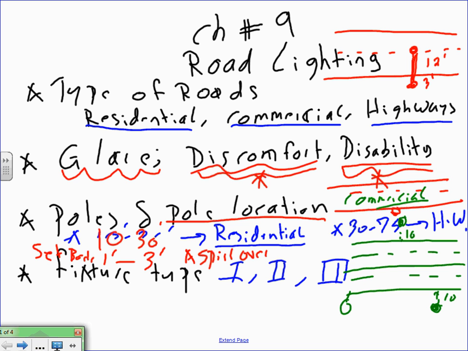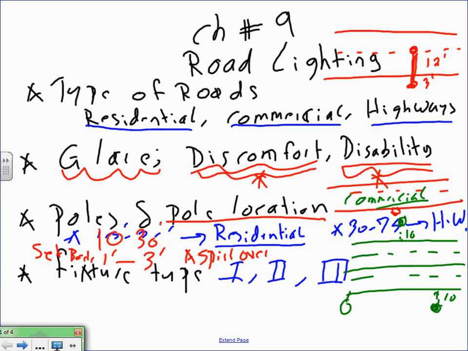When we do this type of lighting, the first thing you need to pay attention to is what type of road, interstate, or highway you're dealing with. Are you dealing with a residential street, a commercial boulevard or commercial street, or highways? Residential versus commercial is a big deal.